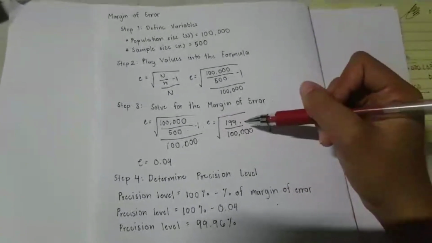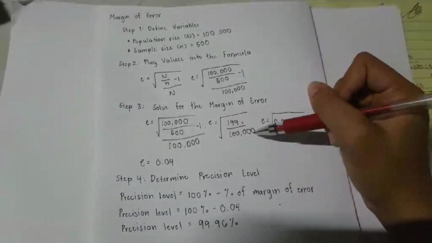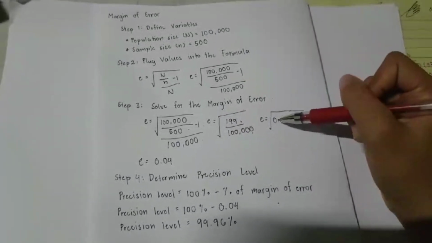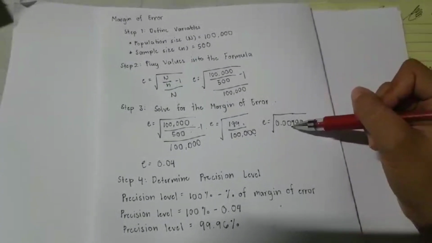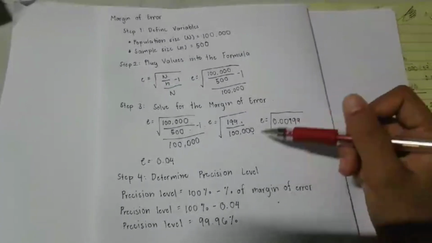Next is 199 divided by 100,000 equals square root of 0.00199.